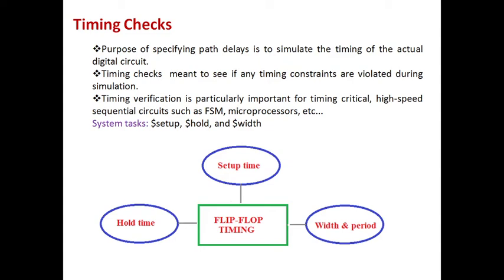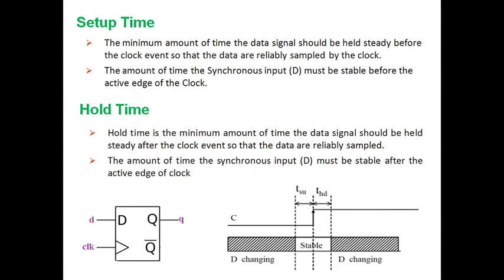Let me discuss each timing check here: setup time, hold time, and width or period. So what is setup time? For a D flip-flop, D is the data signal, Q is the output signal, and clock is the reference signal.